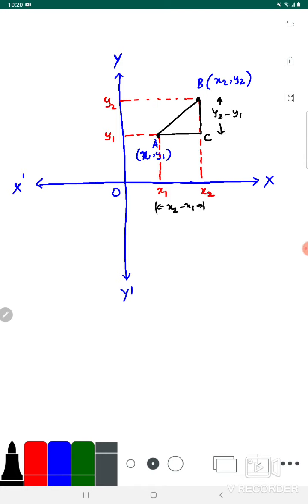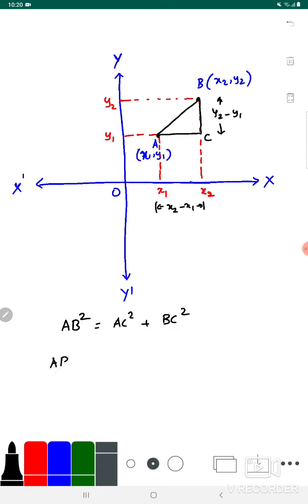Now as per Pythagoras theorem, what does Pythagoras theorem state? The square of the hypotenuse of a right angled triangle is equal to the sum of the squares of the other two sides, right. So AB square is equal to AC square plus BC square.